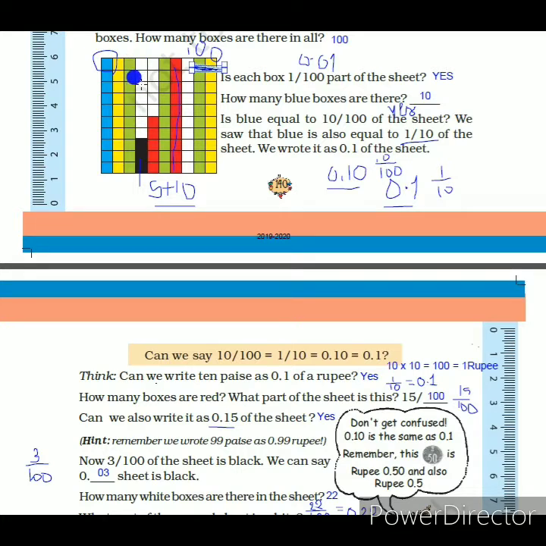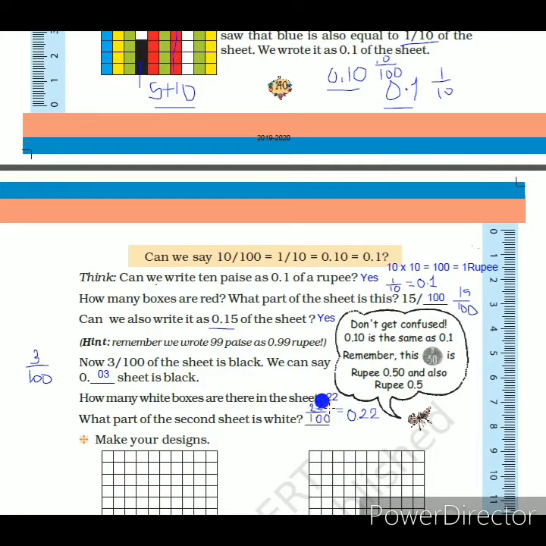So 7 plus 5 plus 10. Total how many boxes are given white colors? 22 boxes are given white colors. Out of 100 boxes, 22 boxes are in white color.